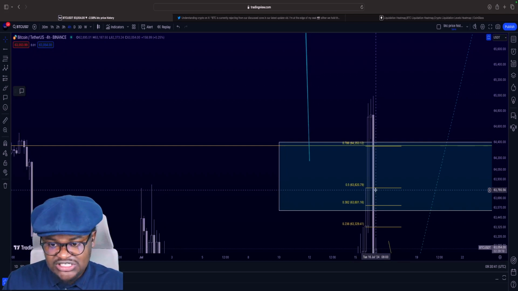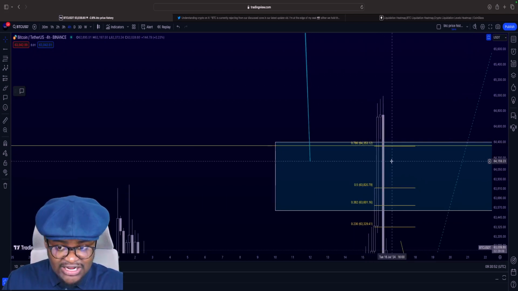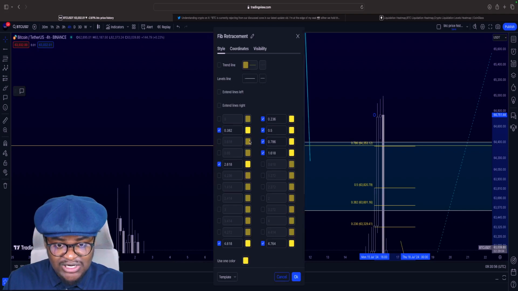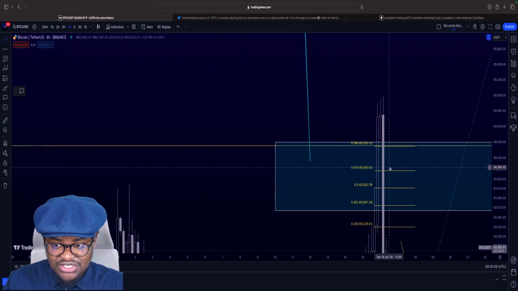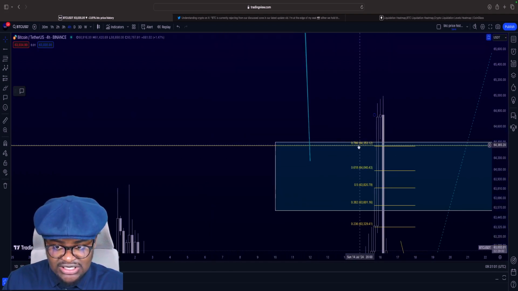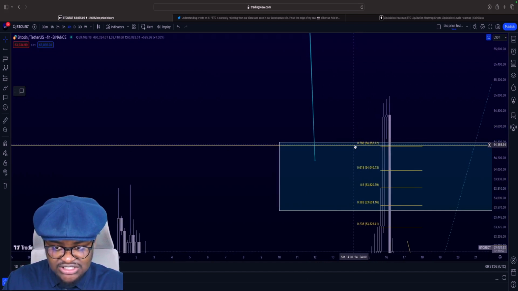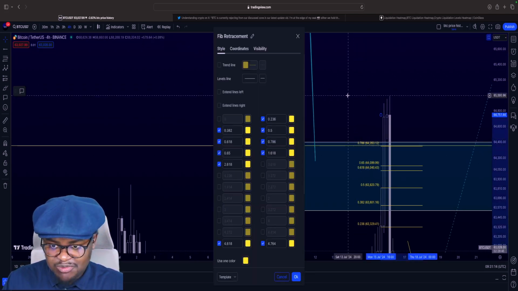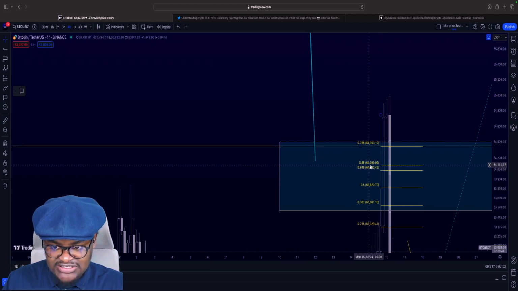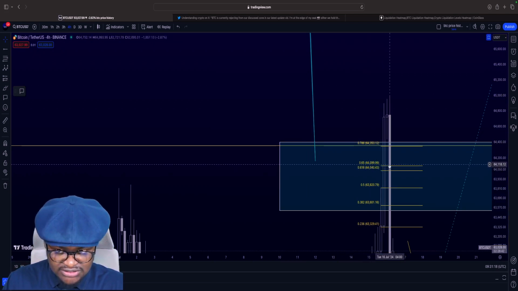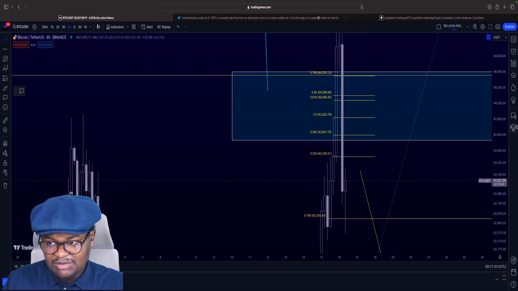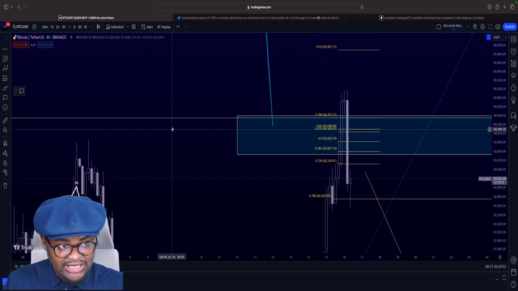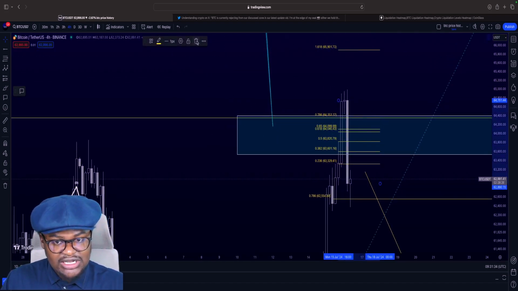If you wanted to DCA in such a position and have an average entry, which will possibly put you at the 0.618, that DCA entry will be best put at the 0.786 right here, and another average DCA entry will be the 0.65, which will be exactly $64,000. So that will be the possible trade that you could take here, because taking this high will most likely head even higher. So that's pretty much it, folks.